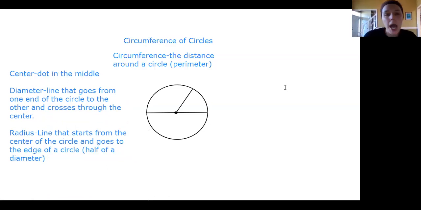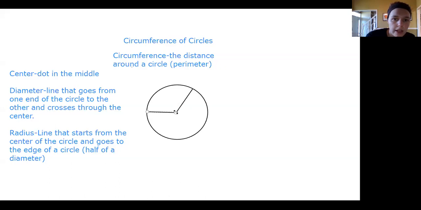The radius can be drawn any way you want. I drew it this way, or it can be drawn like this. It doesn't matter. If you erase half of a diameter, you get the radius.